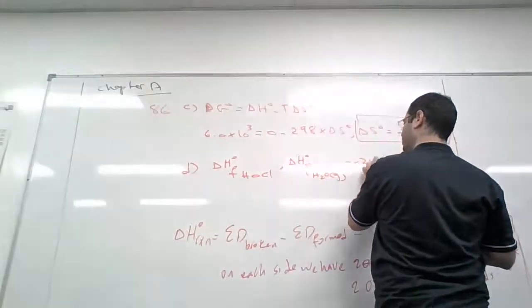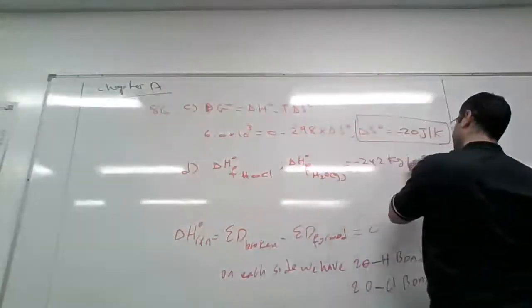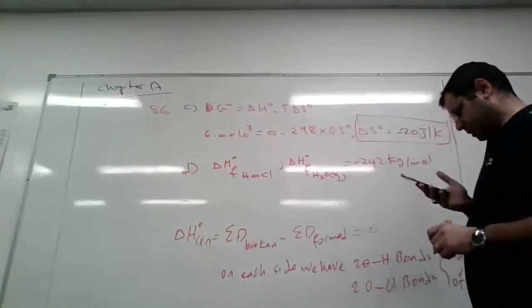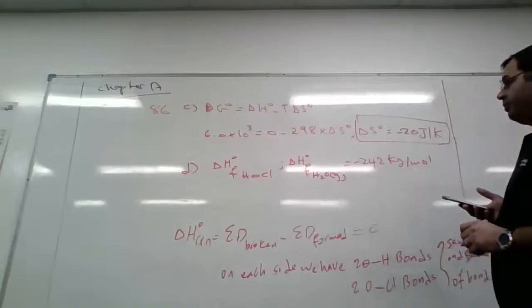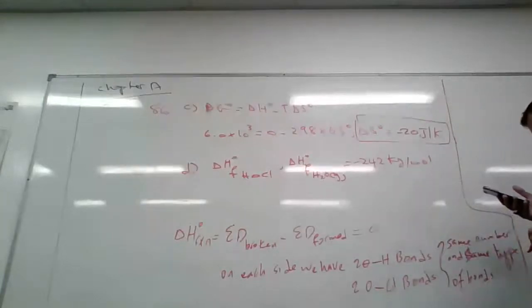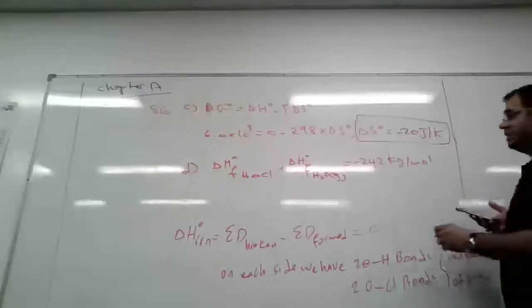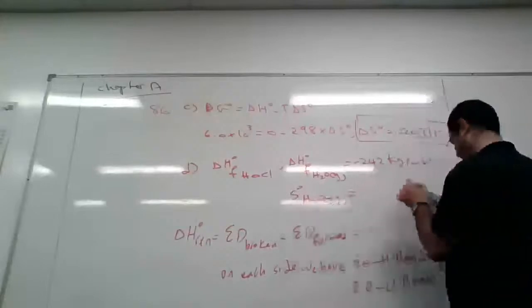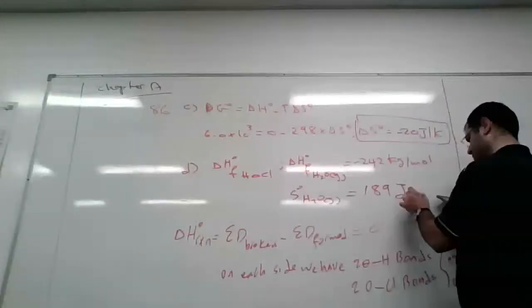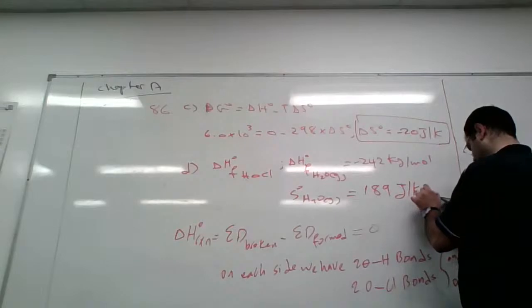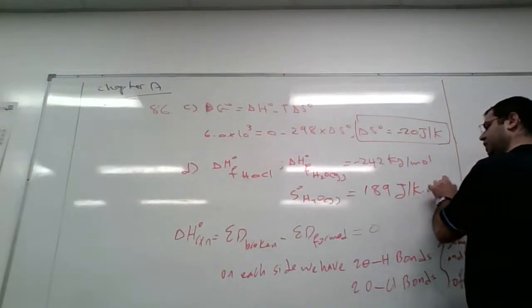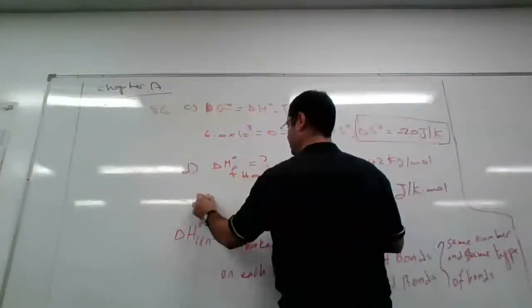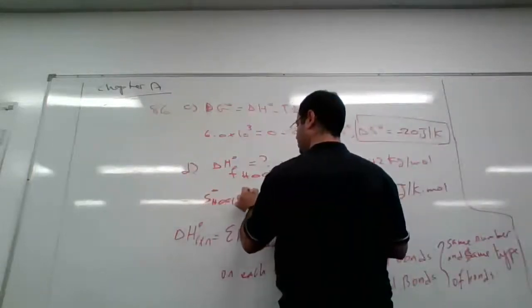It's minus 242 kilojoule per mole. Of course, the S for H2 gas as well should be given in the exercise. Good. And then S for HOCl is also to be calculated.